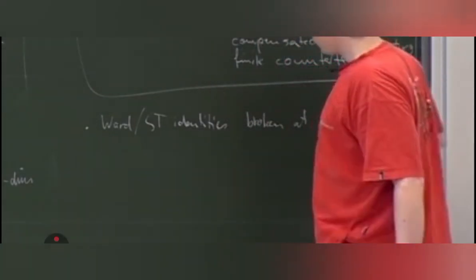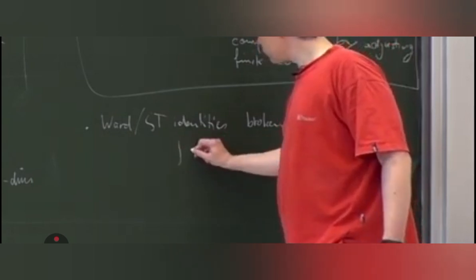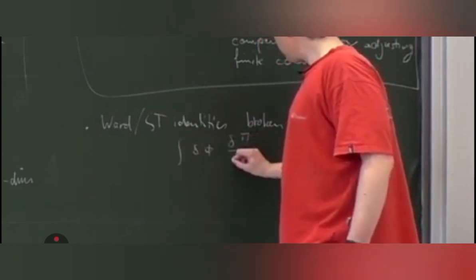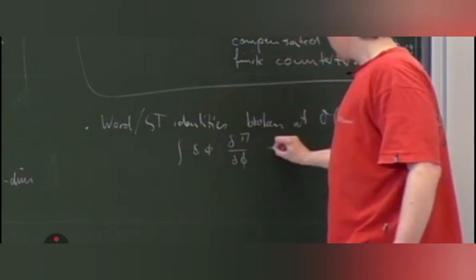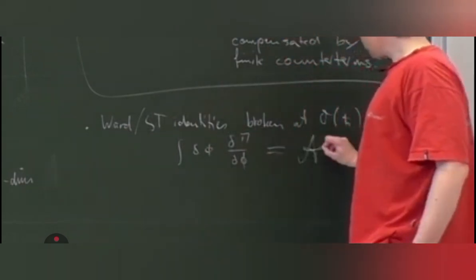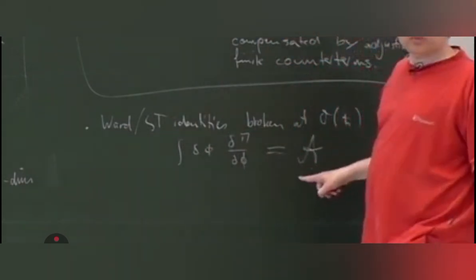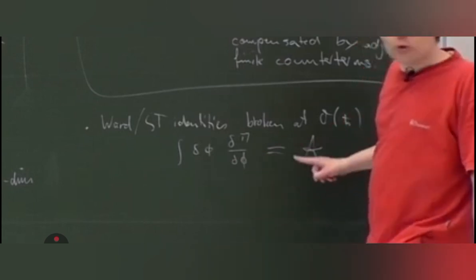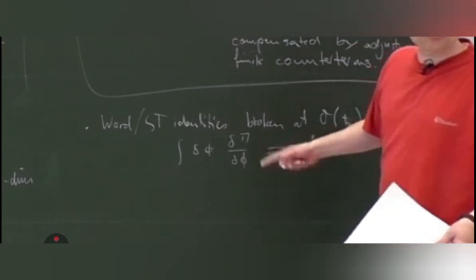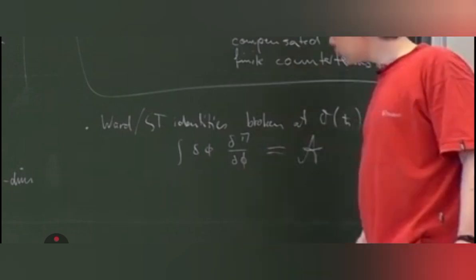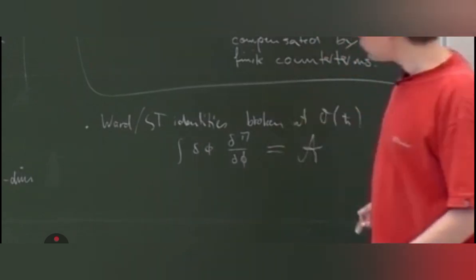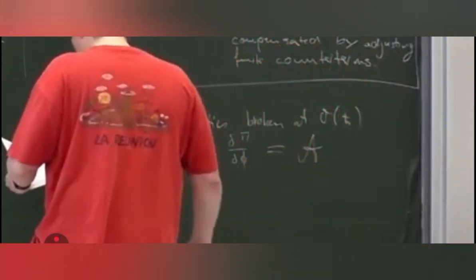So for example, in the case of a Ward identity, delta phi times d gamma by d phi is actually not zero, but let's call it curly A, where curly A stands for the anomaly. And then maybe indeed you know what this is. It's not random, but it's some specific quantity, and maybe you know what it is, how it behaves, and so on, and what is its impact on physics.